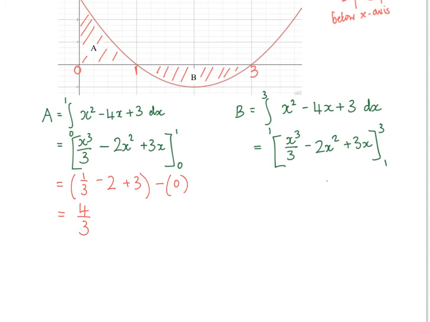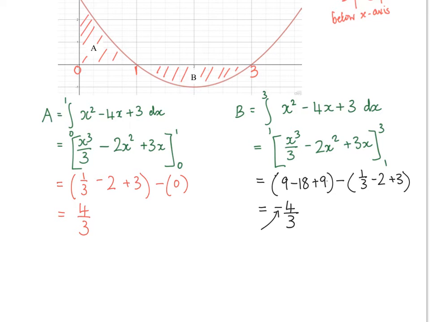If we then put in our B limits, putting in the 3, we get 9 minus 18 plus 9. And if we put 1 in, we get 1/3 minus 2 plus 3. And if we take those both values together, it gives me minus 4 over 3.